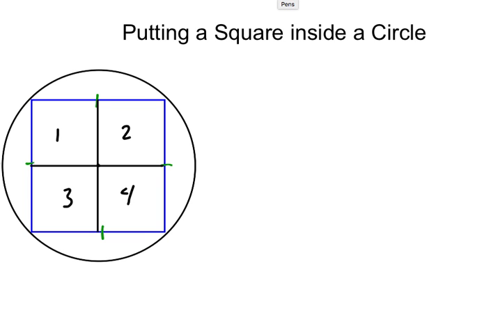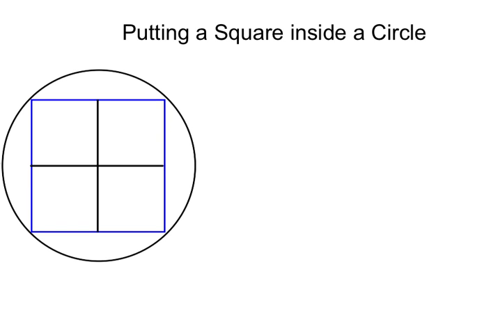So their respective side lengths, such as from here to here, are the same size as from here to here. That's going to become very important because we're going to have two unknown sides when we try to figure out the diameter of the square that will fit in there.